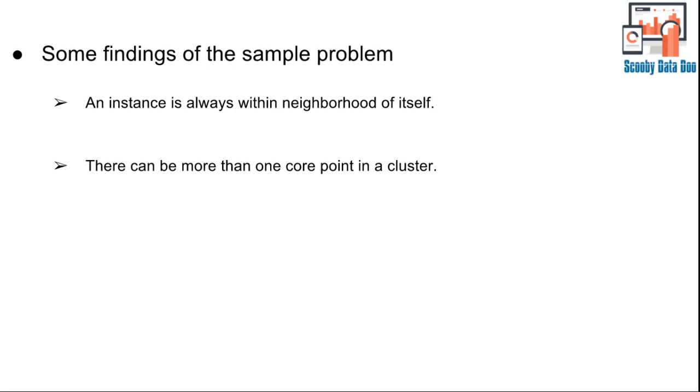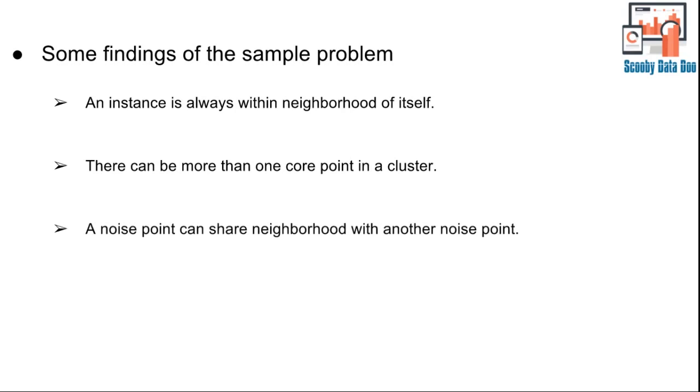Do not get confused considering core point as the center of a DBSCAN cluster. There can be thousands of core points in a DBSCAN cluster. So core point and k-means center points, these two things are not the same. Yeah, so there can be more than one core point in a cluster.